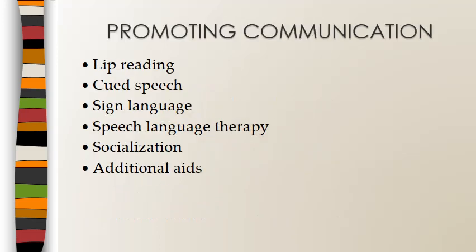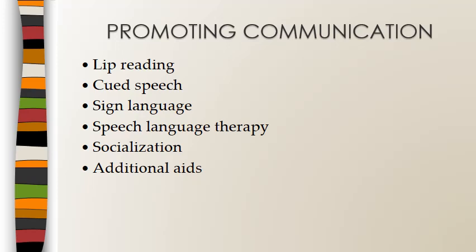So with hearing loss, we want to promote communication. Children are taught how to read lips. They learn how to cue speech. They learn sign language. They go to speech language therapy. We encourage socialization and any additional aids that we can use to help them to communicate and to interact with the world.